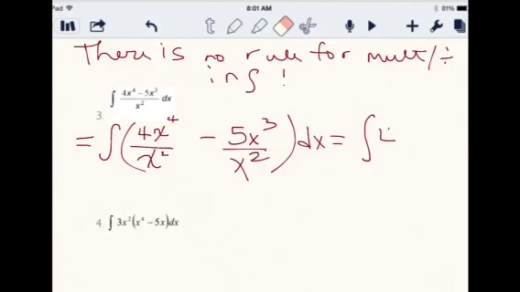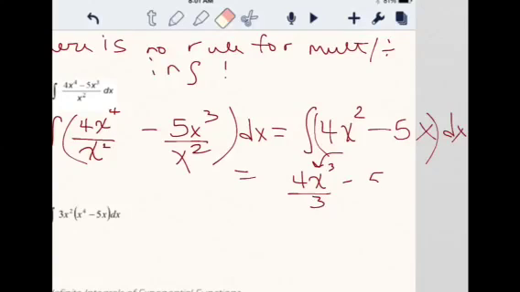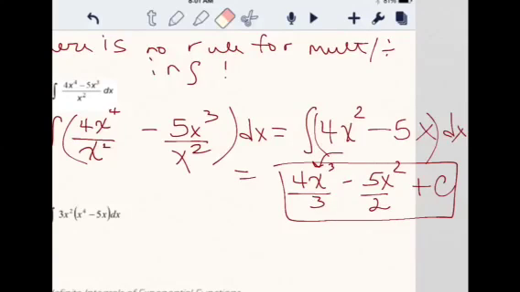Would be 4x to the 2nd minus 5x. Then we add 1 to the power, so really you're just pulling this one out. You get 4x squared, add 1 to the power, and divide. Minus 5x squared over 2. Don't forget your plus c. That is the answer.